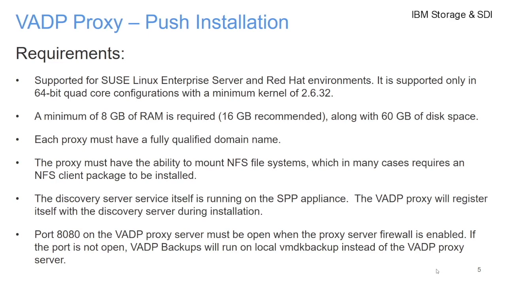So that is a pretty manual intensive process and prone to error. With the new version, we give you the option to do post installation from the GUI. I've listed here some of the requirements that we have. I'm not going to read through it because a lot of this information is available in the user guide as well as in the help section of Spectrum Protect Plus.